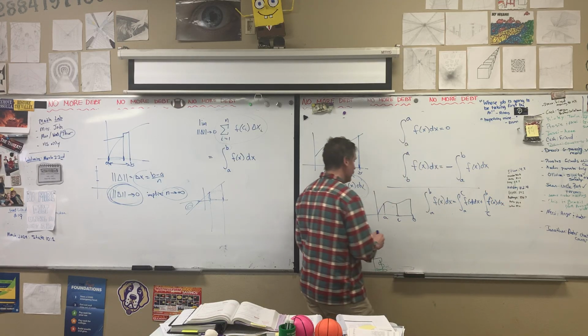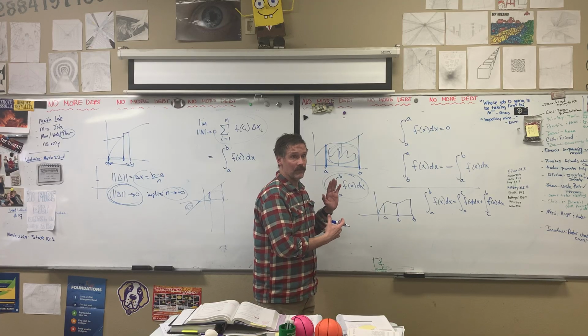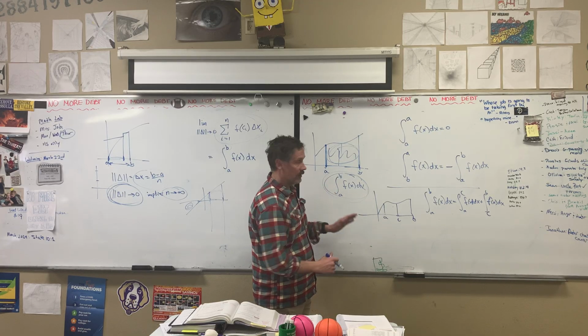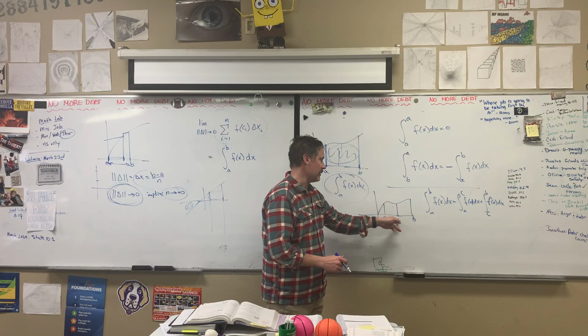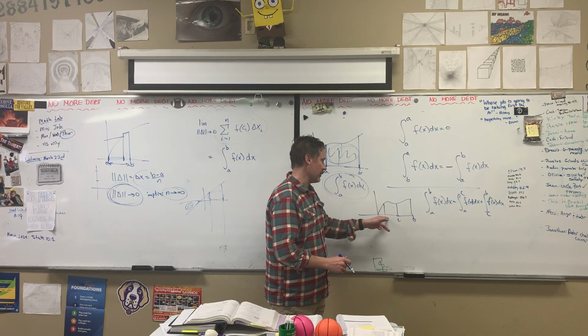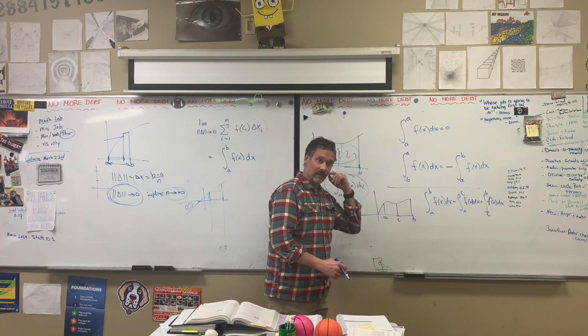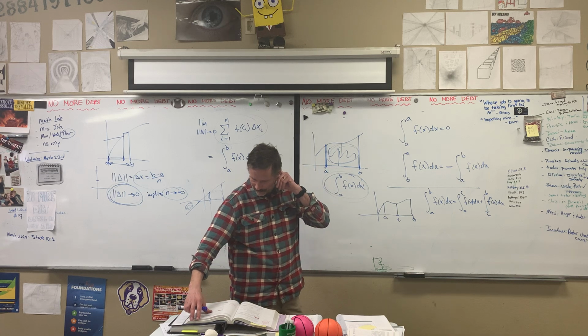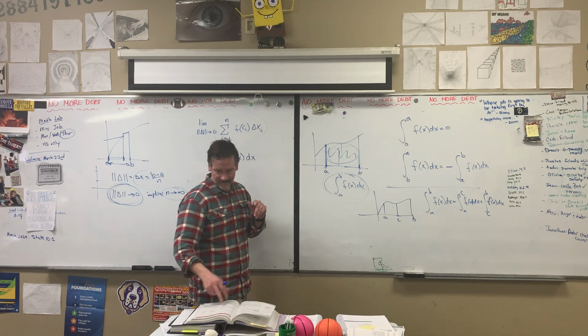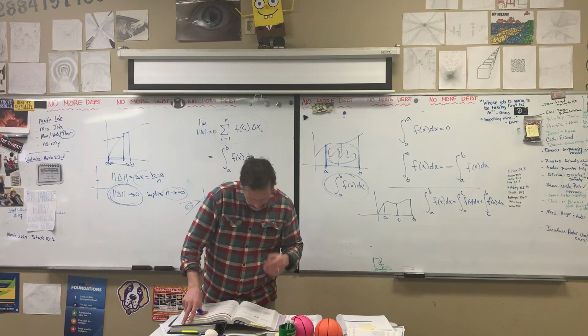So you can take a function, and sometimes it's helpful, depending on the problem you are looking at, to split it at a specified point C. You do the integration from here to here, and then from here to here.